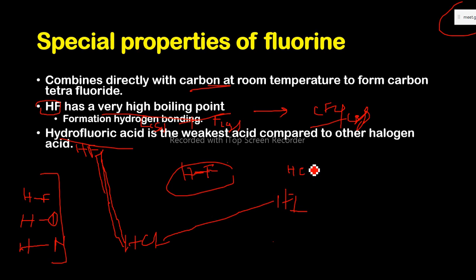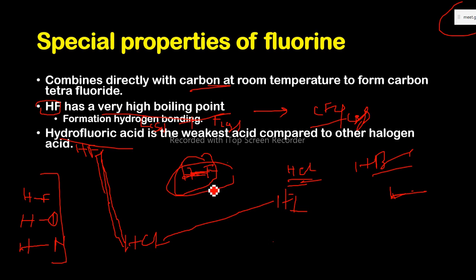HCl is a strong acid. Hydrogen bromide and hydrogen iodide are also strong acids. But for hydrogen fluoride, the hydrogen-fluorine bond is too strong to be broken.